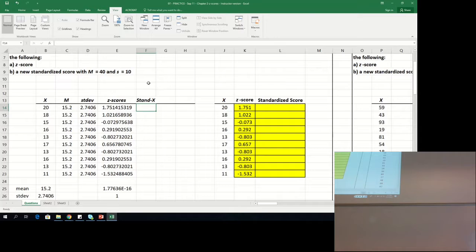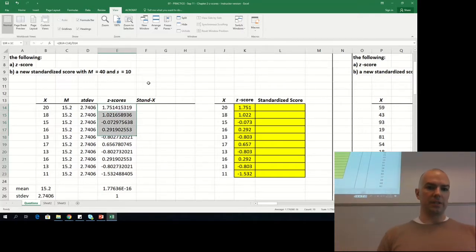So remember that that equals the mean that you want plus your z-score multiplied by the standard deviation that you want. So for standardized scores, it's all about what is the new mean that you want, what is the new standard deviation that you want.